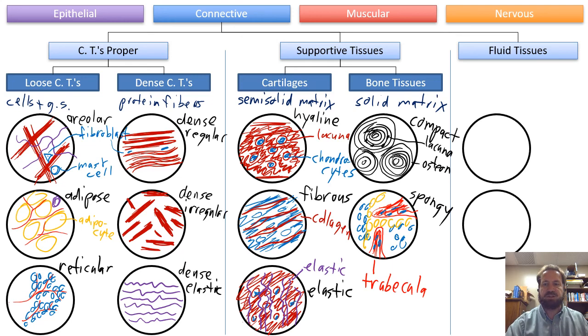Finally, the fluid tissues. There are 2 fluid tissues in our body, blood and lymph. Okay. Blood is by far the more interesting of the tissues. Lymph is just a lot of fluid with an occasional cell called a lymphocyte.